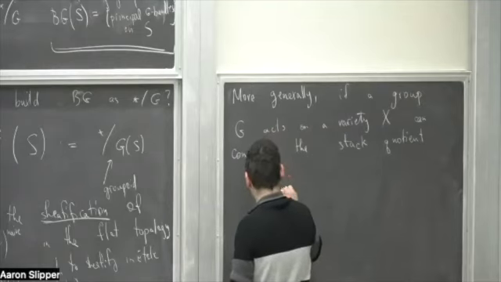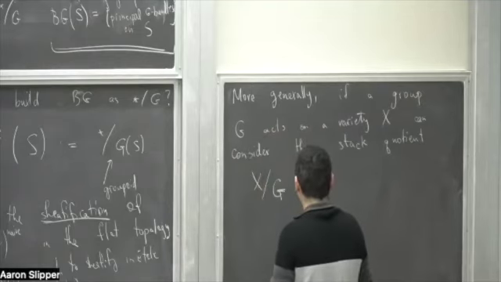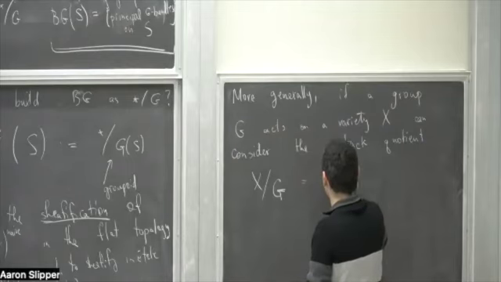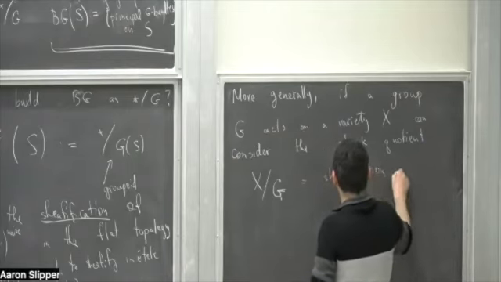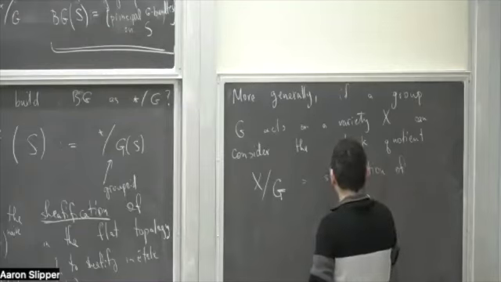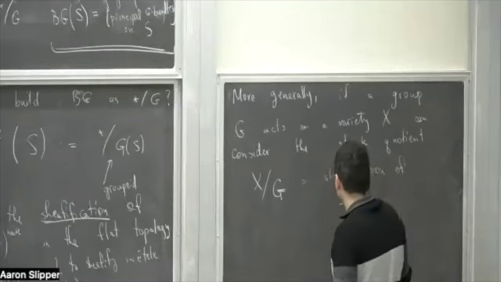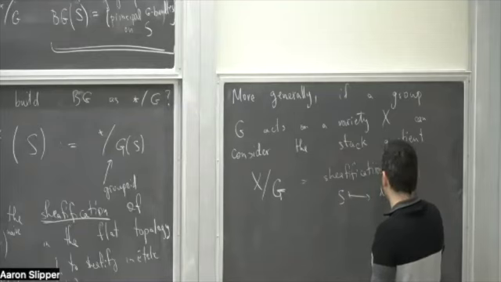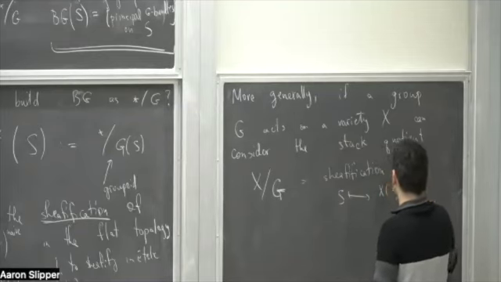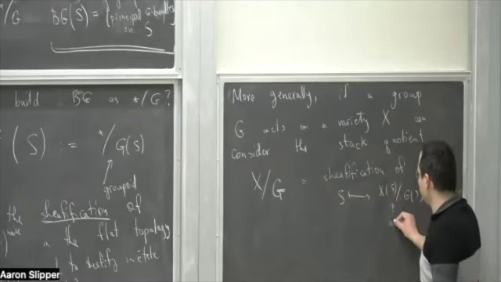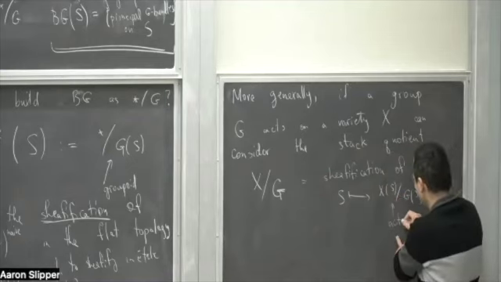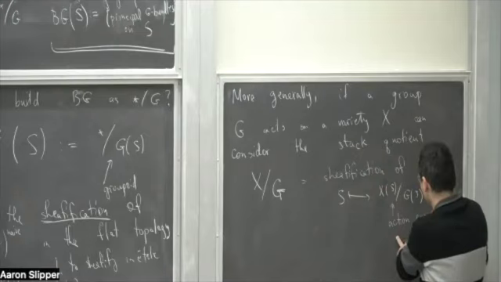So this is the sheafification of the functor which assigns to S the action groupoid, X(S) modulo G(S), as before.